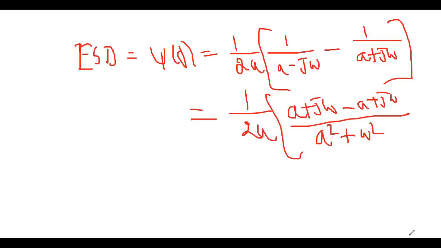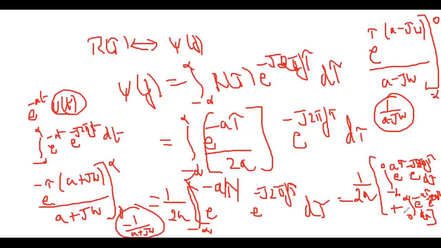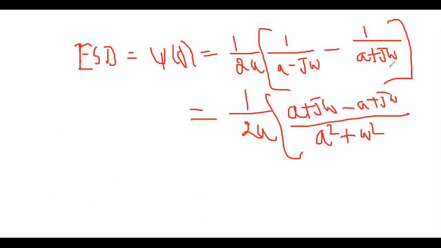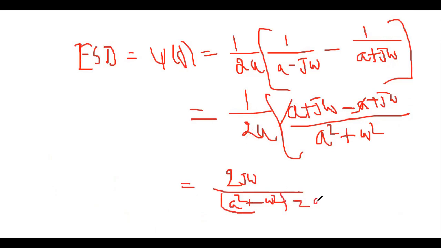A minus j omega is the first integral, plus for the second integral e power minus, apply the infinite it is 0, minus 1 by a plus j omega. 1 by a minus j omega minus 1 by a plus j omega, a plus j omega minus a minus j omega gets cancelled, 2 j omega by a square plus omega square, and into 2a, the 2 gets cancelled. The energy spectral density is j omega by a square plus omega square.